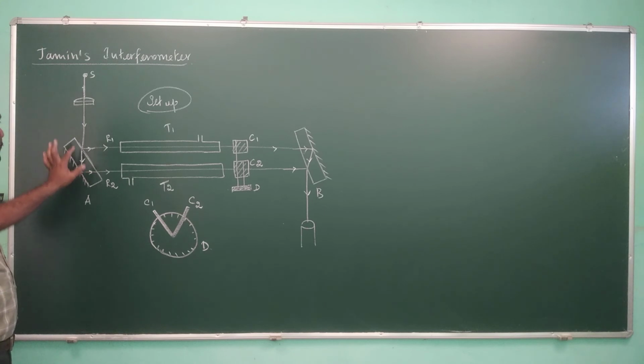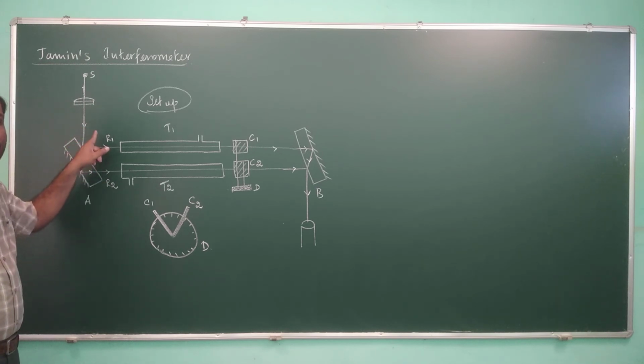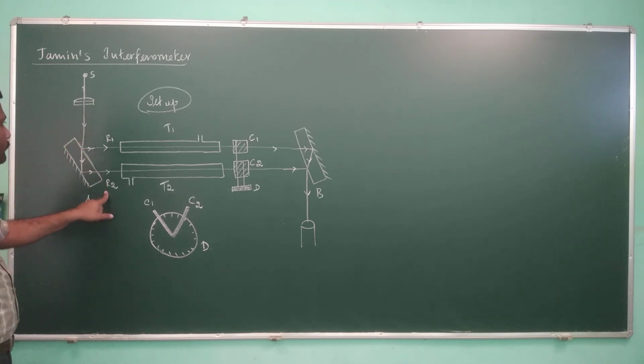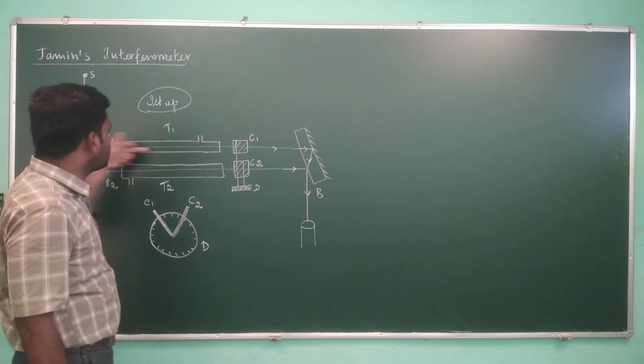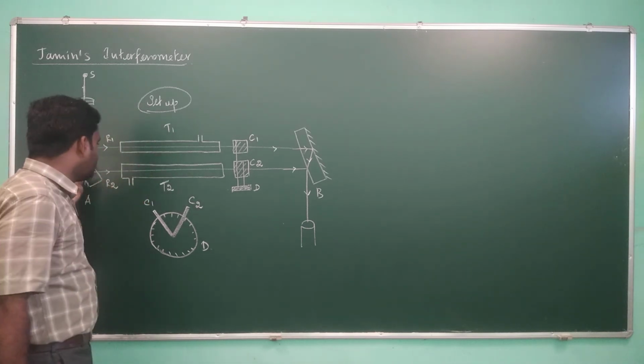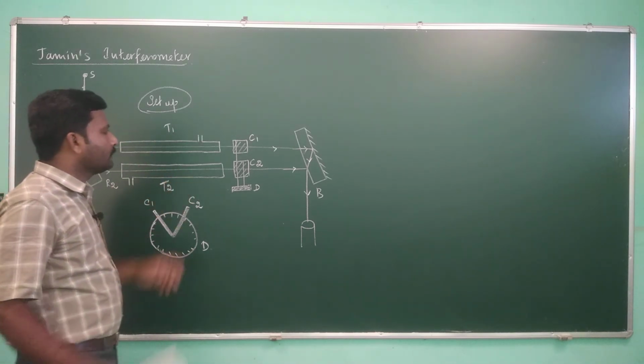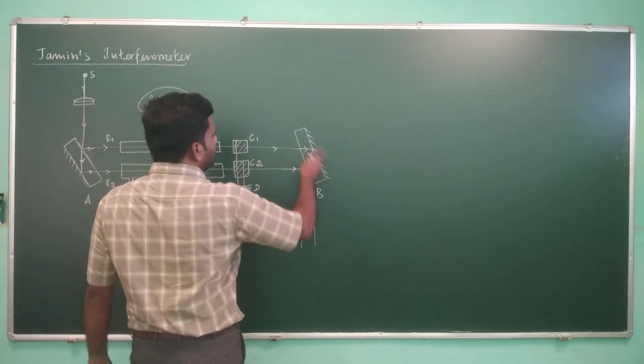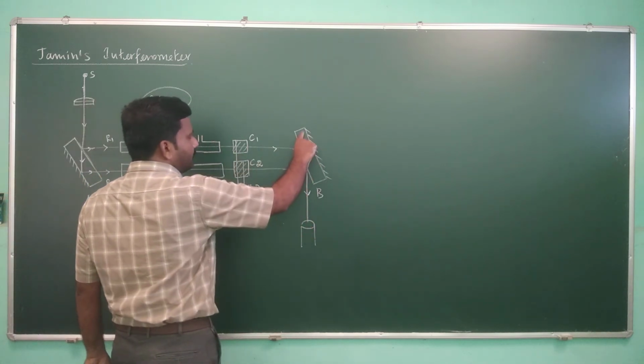Because it travels into the lens and gets refracted back, a path difference is created between ray 1 and ray 2. Ray 1 passes through tube 1, ray 2 passes through tube 2, and both are reflected again in the lens system.